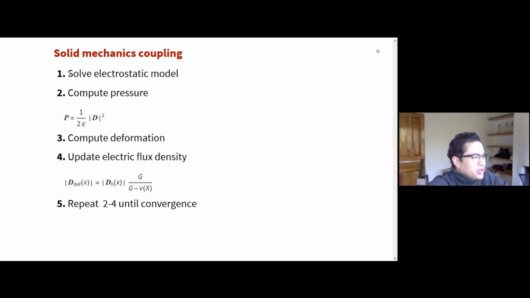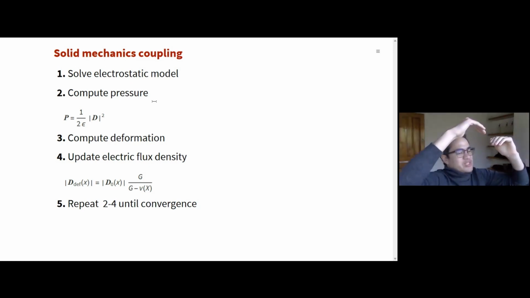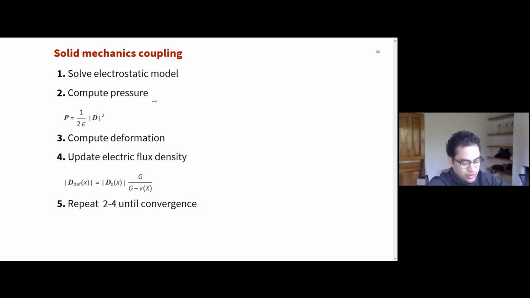So we already solved the electrostatic model. Then we are going to couple both models with a boundary condition. So in solid mechanics, we have boundary conditions that can specify loads, pressures. So the pressure that we are going to use to express the deformation is going to be a pressure that is dependent on the electric flux density of our electrostatic model.